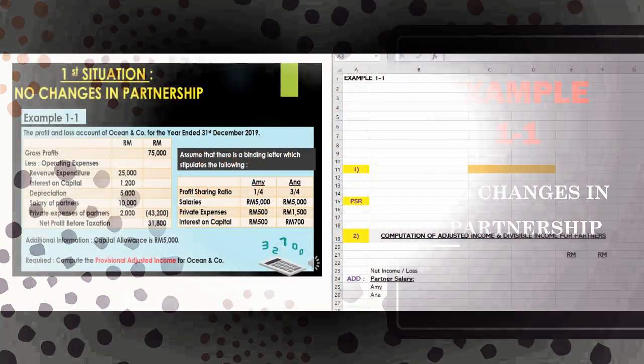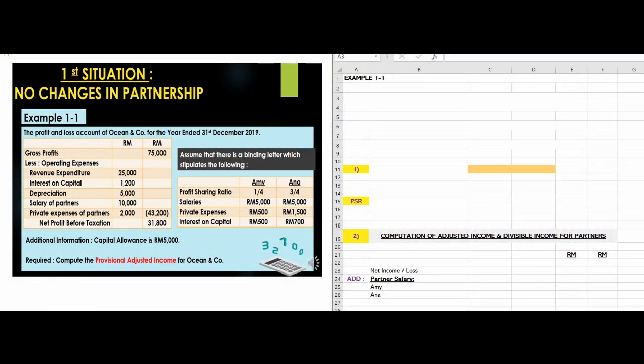Alright, so let's have a look at the example for the first situation, when there are no changes in the partnership. These are the profit and loss account of Ocean Company for the year ended 31st December 2019. So these are all the profit and loss items, which are the income or the expenses provided by Ocean and Company for each partner.